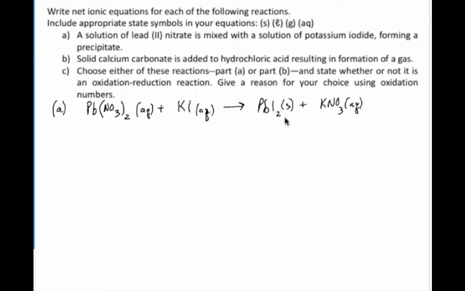PbI2 is the precipitate that forms. If I want to balance this, I'm going to need 2 of these, and I'm going to need 2 of those. 1 lead, 2 nitrates, 2 nitrates, 2 potassiums, 2 potassiums, 2 iodides, 2 iodides. This is the molecular equation.